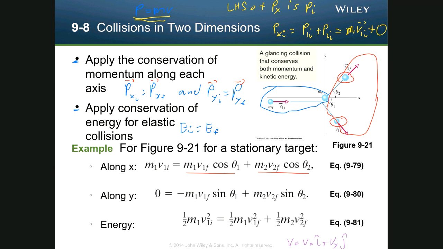So recall chapter 3 for vectors. We have a vector here, but we're looking at the x component. You'll recall that Vx is equal to the speed, V final, times the cosine of theta 1. We get the cosine theta part from analyzing the triangle.